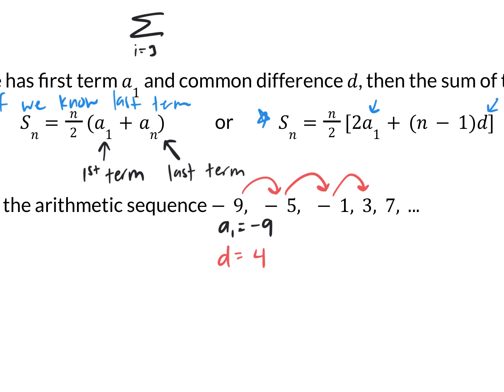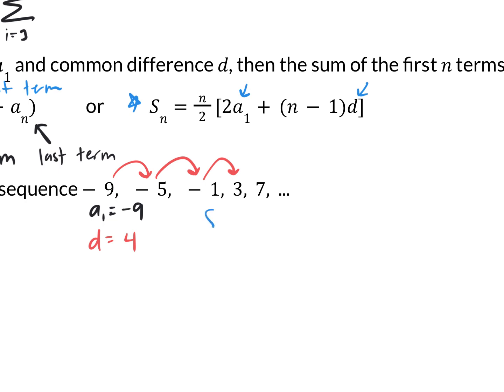Okay, so let's plug this stuff in here. So I've got s sub 12 is equal to 12 divided by 2 times, I'm just following the formula up there, 2 times a sub 1, which is negative 9, plus, what is my n in this case? 12, so 12 minus 1, times my difference, which is 4.